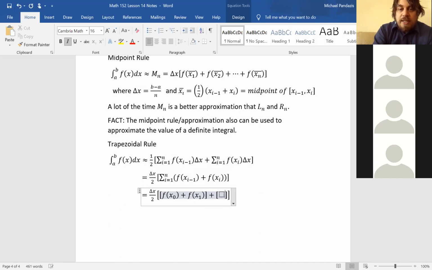Plus, now in the second bracket, when i equals 2, you get f of x sub 1 plus f of x sub 2. That's for the second bracket. Plus, when i equals 3, you get f of x sub 2 plus f of x sub 3.